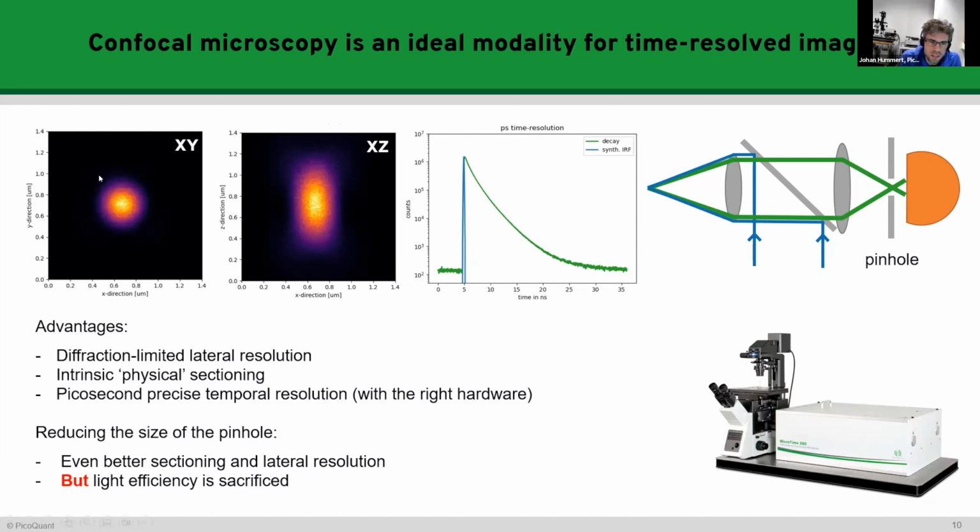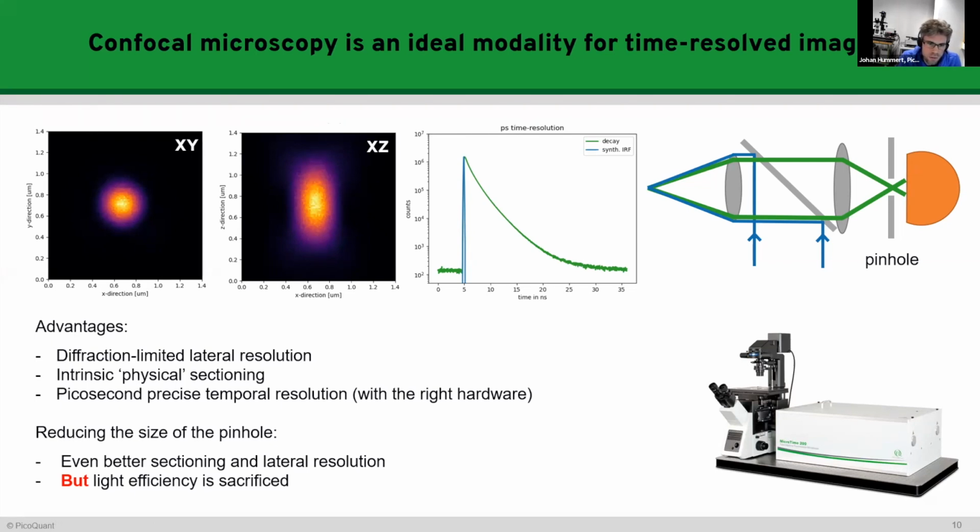The intrinsic physical sectioning, which is a huge advantage of confocal microscopy, and then combined with the right timing hardware, can give picosecond precise temporal resolution, so giving us the lifetime information as well.